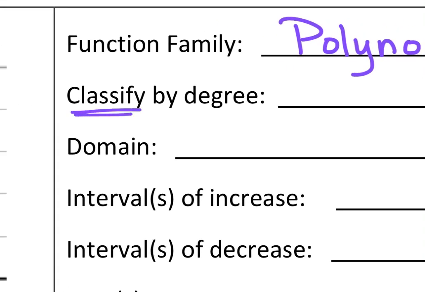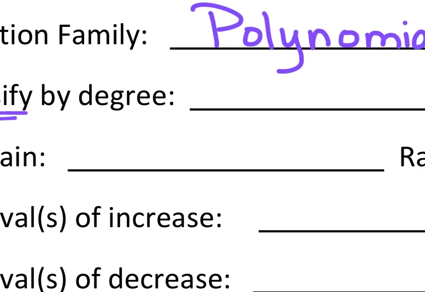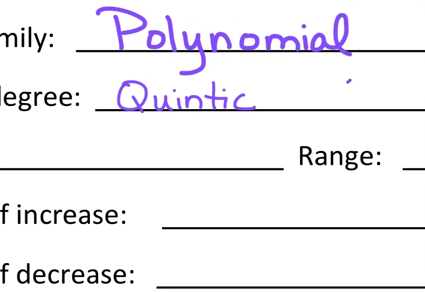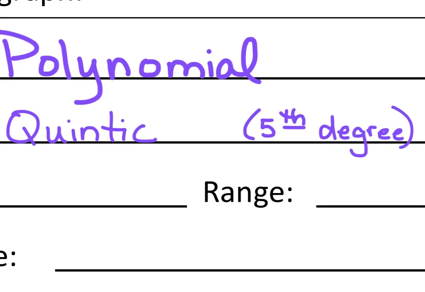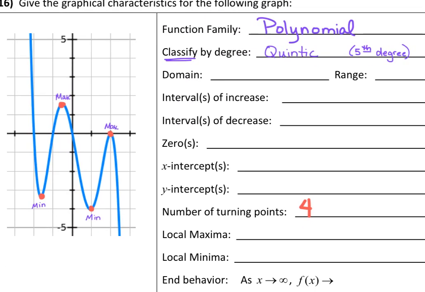So don't just write degree 5, okay? You're going to actually write the name of a 5th degree polynomial and say quintic. And if you really want to show me that you know what you're talking about, put 5th degree. But I'm looking for the word quintic here.